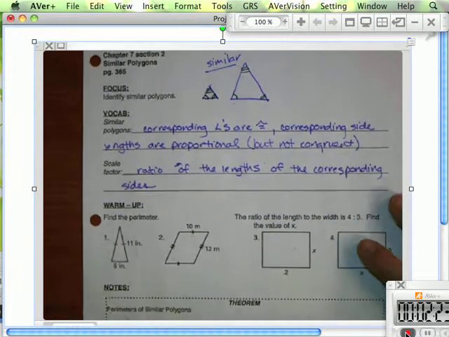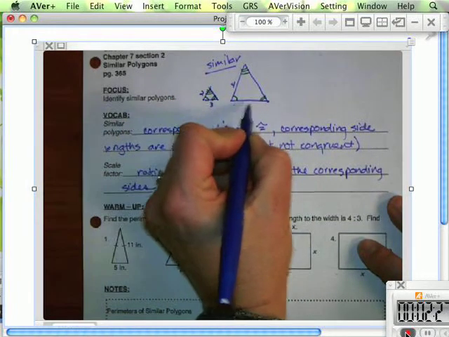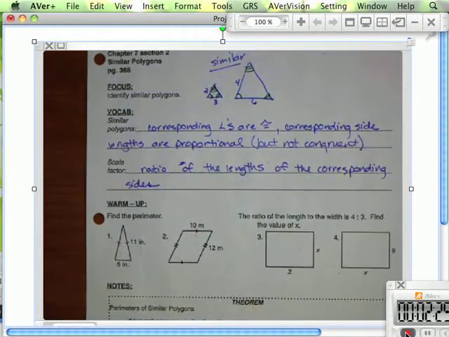So let's just say that this side is 2, and this side is 4, and this side is 3, and this side is 6. How much bigger is this triangle than this triangle? Double. Yeah, the sides are multiplied by 2, aren't they?